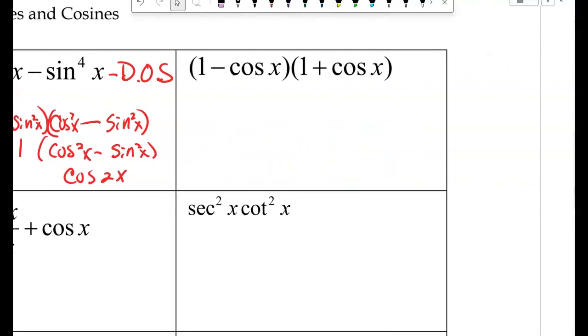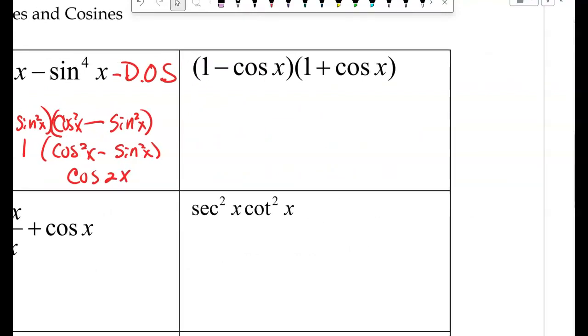All right, first one here, we got the quantity 1 minus cosine x times 1 plus cosine x. What would be our first step of doing this, if this was our first step on the left or right side when we're verifying the identity? Yeah, you would totally FOIL this. So guys, let's FOIL it real quick.